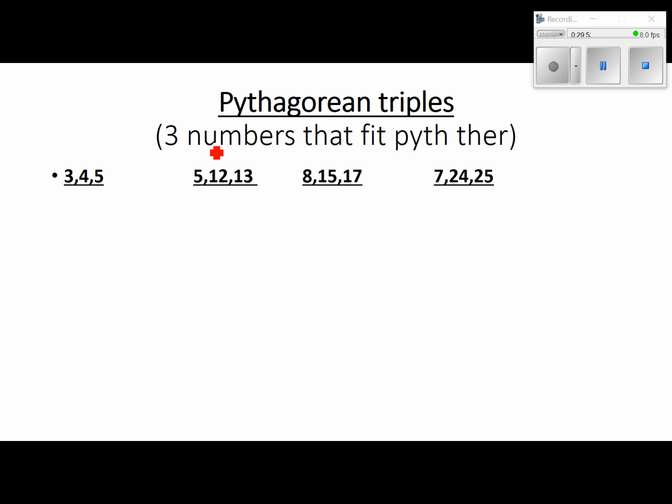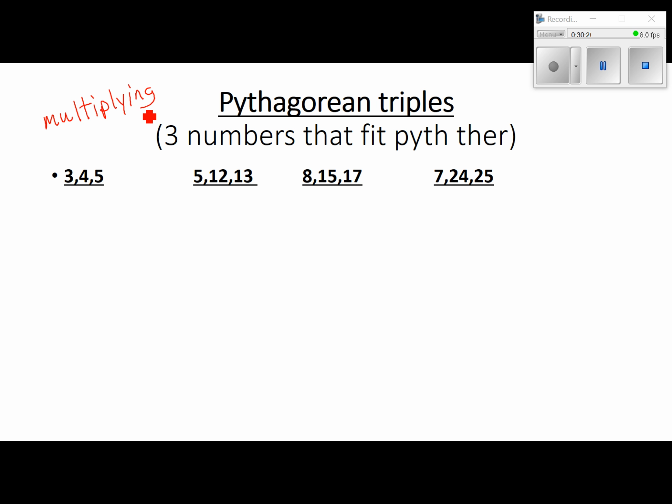These are 4 of the families, or 4 of the Pythagorean triples that get used a lot. The ones I have listed here are like the head of the family, and then there's other things that fit underneath it. The way we get those others is just by multiplying or dividing. A lot of times this will make everything a whole lot easier if you know these.